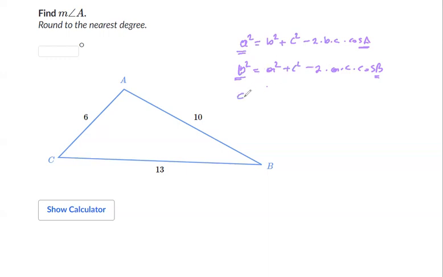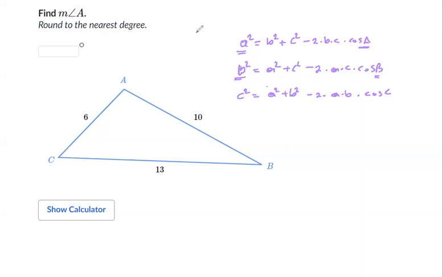And the last one is c squared equals a squared plus b squared minus 2 times a times b times cosine of angle C. Okay, so that is the law of cosines. Just keep it in mind as a reminder.